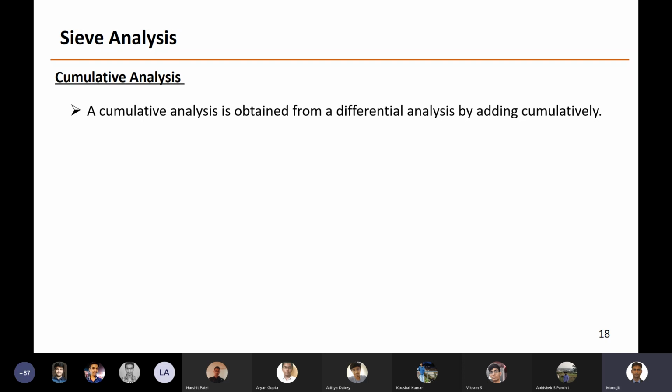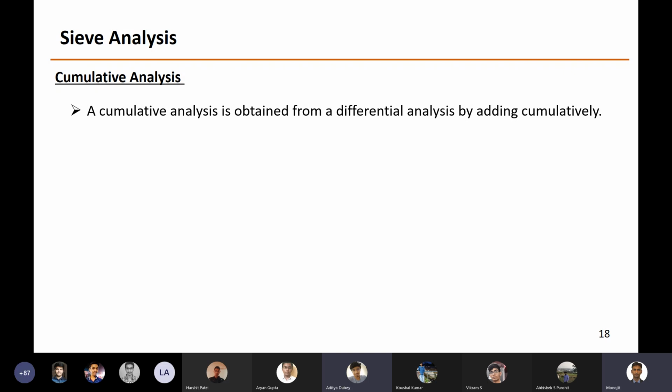So cumulative analysis, how do we do that? Its analysis is obtained from the differential analysis by adding up cumulatively. Now, how will we add it? Should we add from the top or from the bottom? So can you repeat the question?